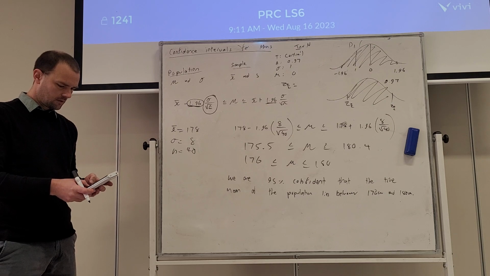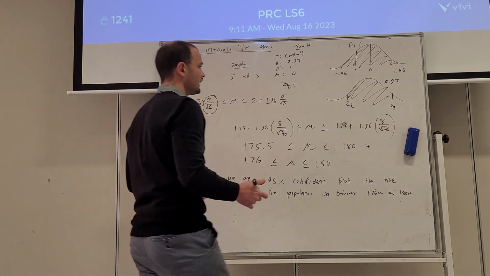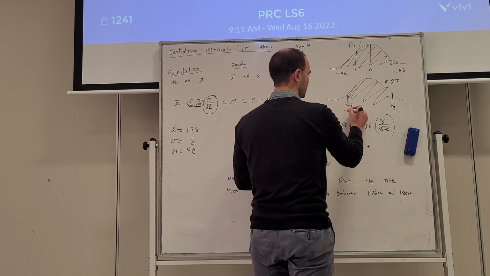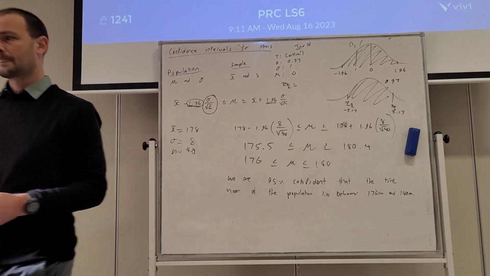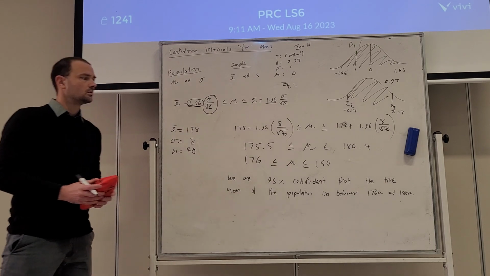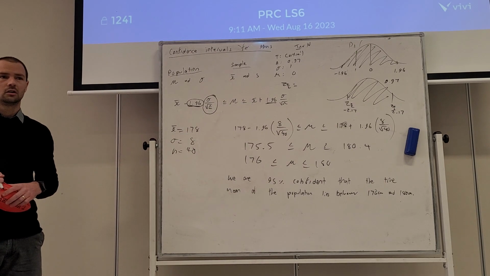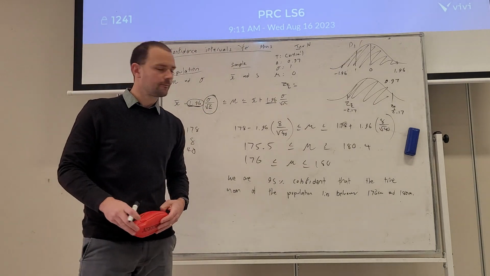Central 0.97. We've got minus 2.17 and 2.17. So that's how we can calculate other levels of confidence.